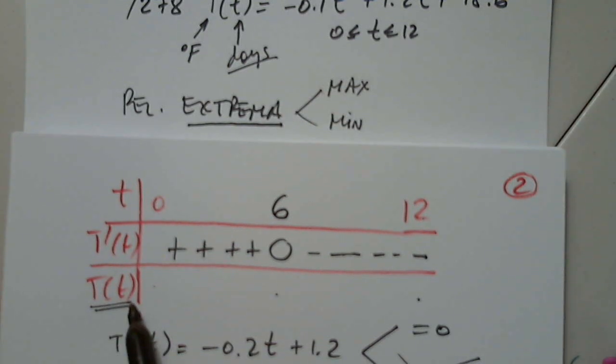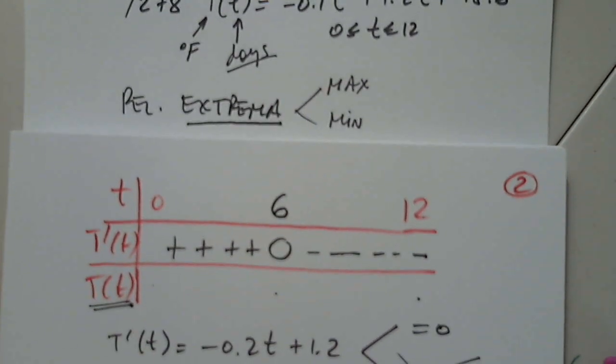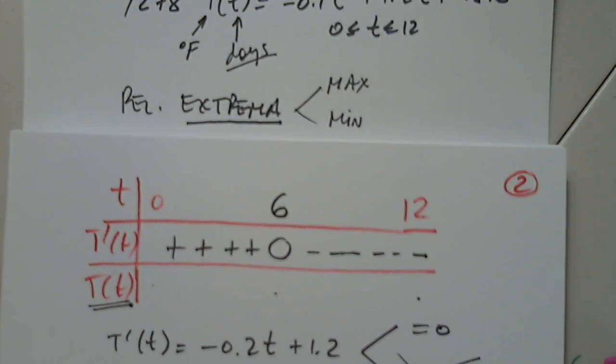This is the function. So with the graphing calculator, put in y equals, okay, here it is, and we have -0.1t squared, and then plus 1.2t, and plus 98.6.